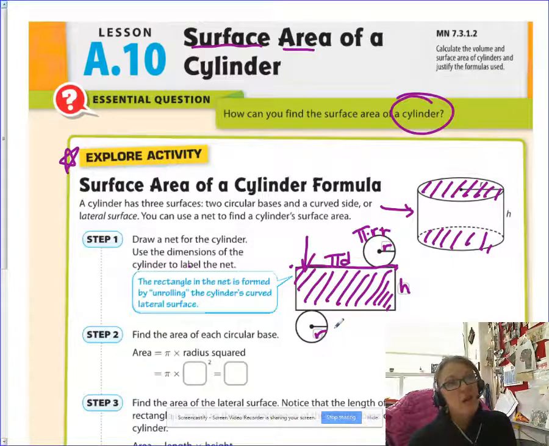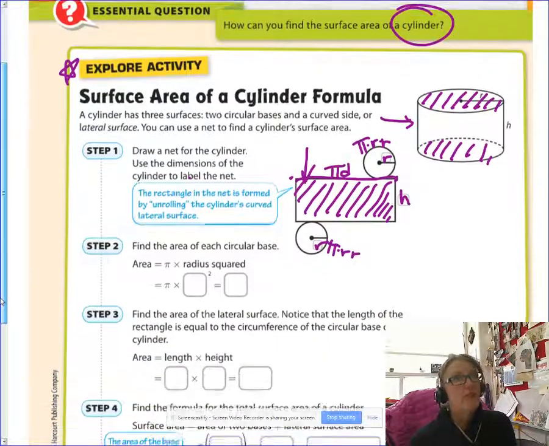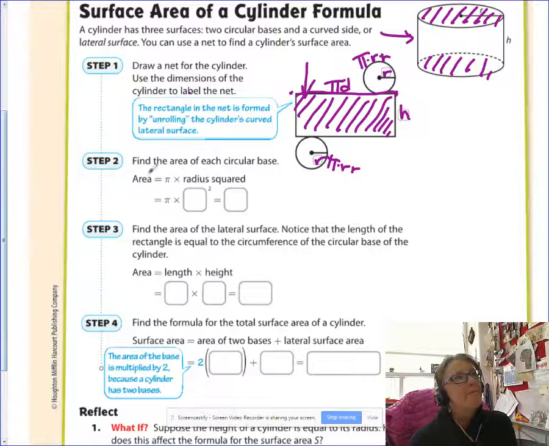Sometimes I like to write it that way so that you don't confuse r squared with doubling it. So the area of each circular base is going to be pi times the radius squared, or in other words, pi r squared.